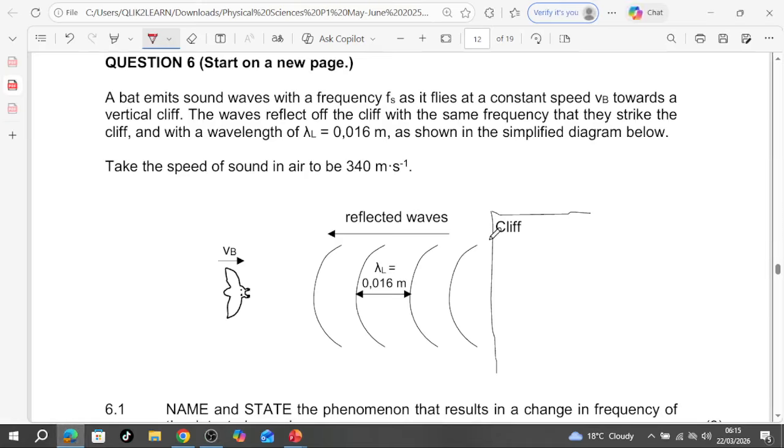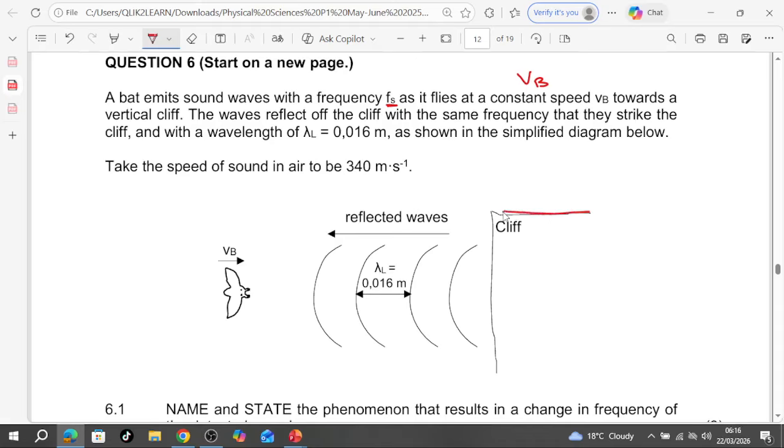Okay, let's work on this Doppler effect question. They say that a bird emits sound waves with a frequency fs as it flies at a constant speed, vb. So this is the velocity of the bird, towards a vertical cliff.